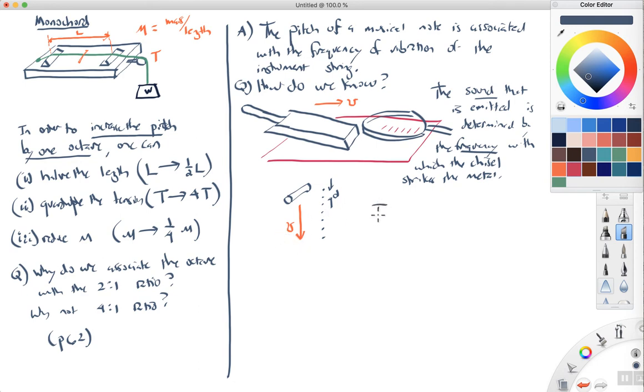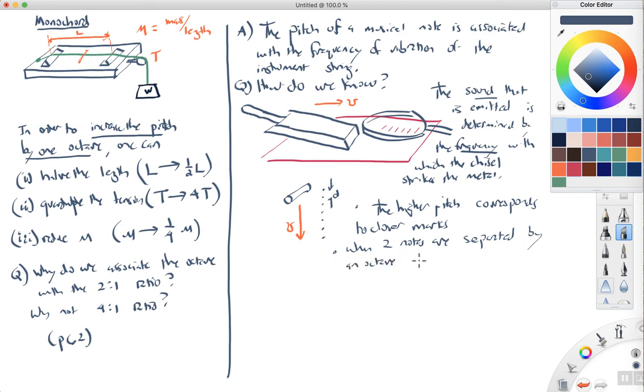So the higher pitch corresponds to closer marks. In particular, when two notes are separated by an octave, this might be hard to do, but the distance between the marks is half as long.